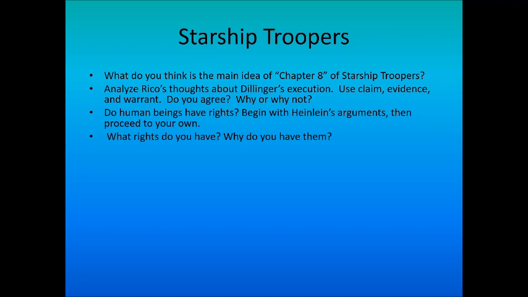But is it really a right? And he's arguing that no, it's not a right. It's just a state of being that some people can achieve, but most of us let people and outside influences disrupt our pursuit of happiness. So those are some of Heinlein's ideas about what the rights are and why we have them.